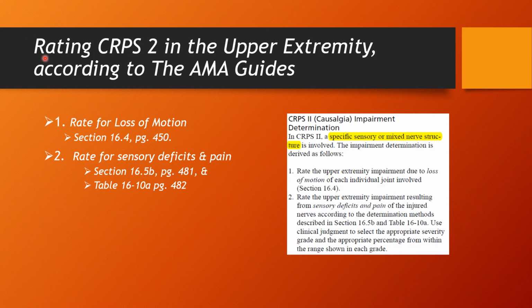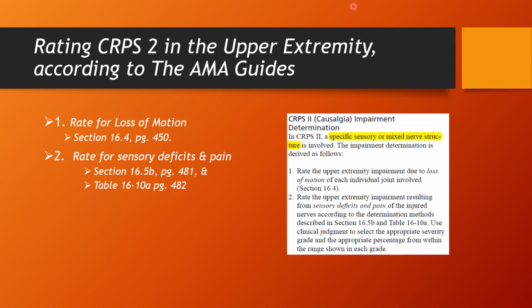All right, now, so when we are discussing CRPS2 and we're trying to rate an upper extremity impairment due to CRPS2, we first go to section 16.4 and again we rate for loss of range of motion or loss of motion. It's no different than the last section.